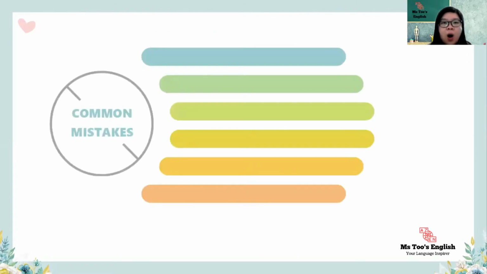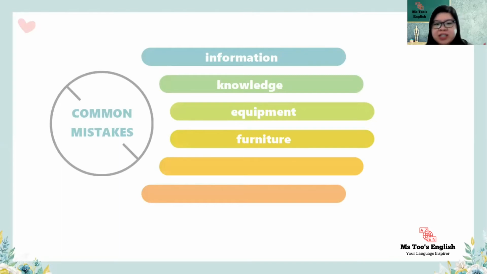Common mistakes. Let's have a look at some of the nouns here: equipment, furniture, knowledge, information. These four nouns are the common ones where I observe people make mistakes. We all tend to add s behind these nouns: informations, knowledges, equipments, furnitures. Why?